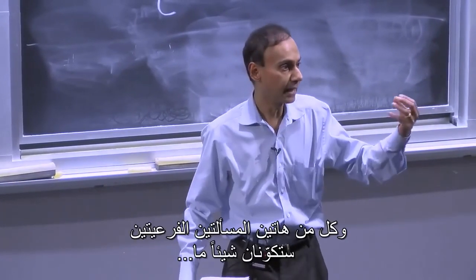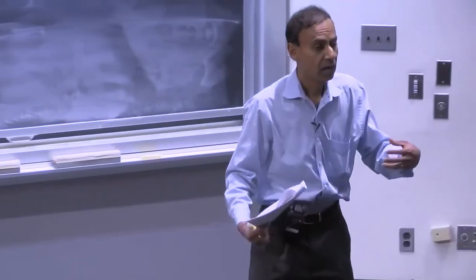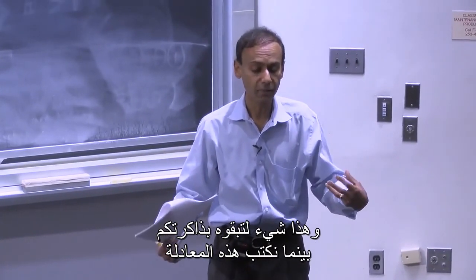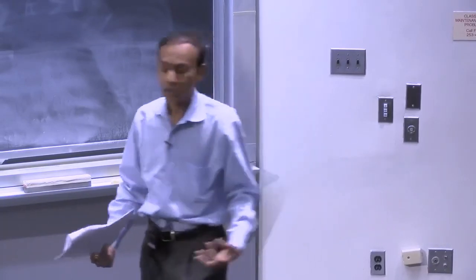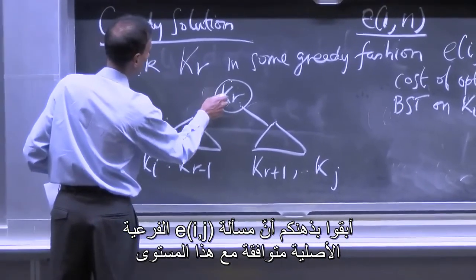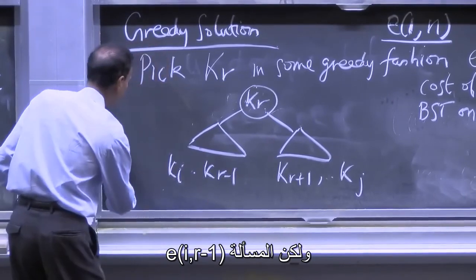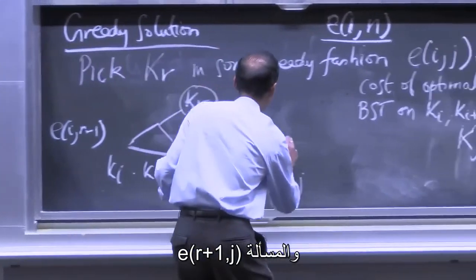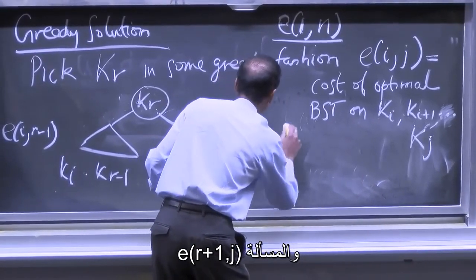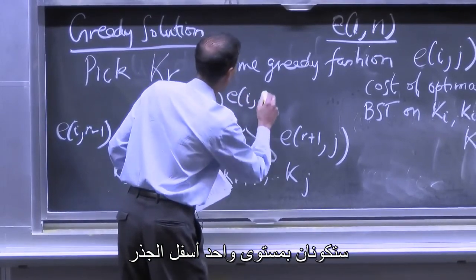Okay? And each of those two subproblems is going to be something, and this is something to keep in mind as we write these equations out, they're going to be one level below the root. Okay? So keep in mind that the original EIJ subproblem corresponded to this level, but the EIR minus 1 problem and the ER plus 1 J problem are at one level below.